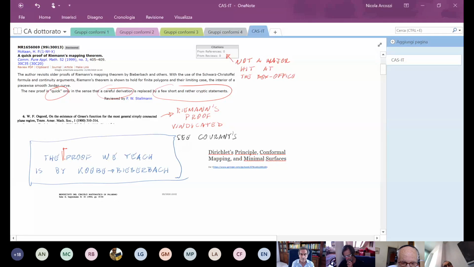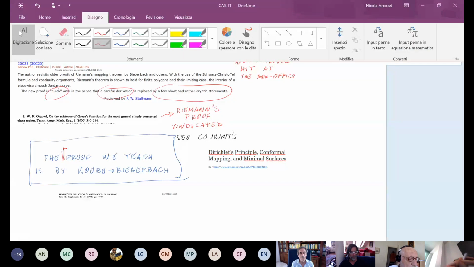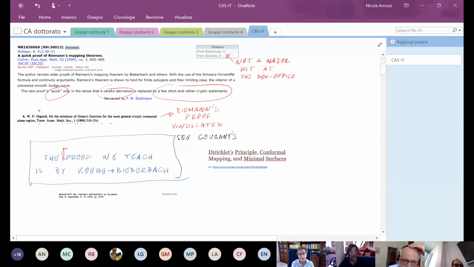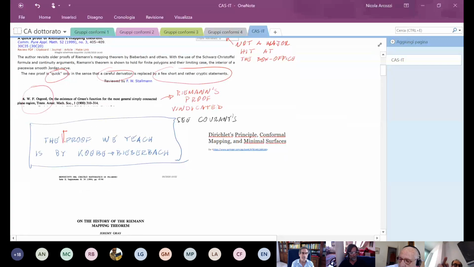Then Weierstrass came with counterexamples to the Dirichlet principle for some differential operators, and then people tried to get new proofs, and it was Osgood, and some American people say Osgood was the first great major American mathematician. In 1900 he gave a proof of the Riemann mapping theorem following the argument of Riemann, but with all details in place.